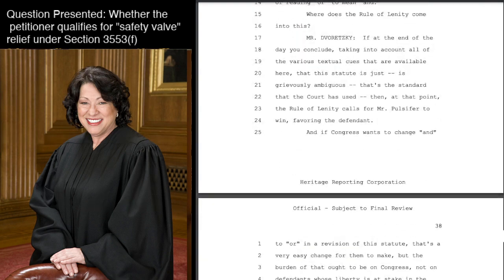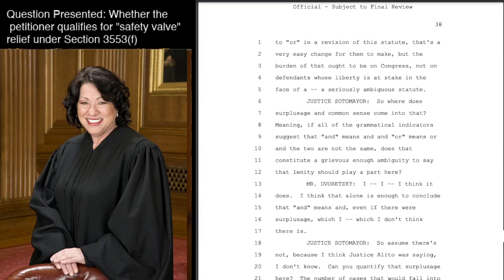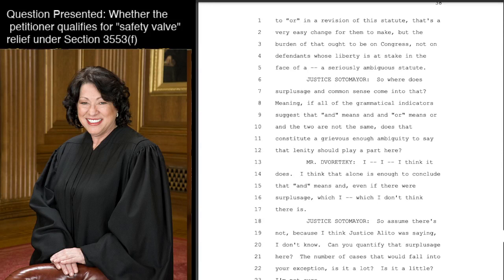And if Congress wants to change "and" to "or" in a revision of this statute, that's a very easy change for them to make. But the burden of that ought to be on Congress, not on defendants whose liberty is at stake in the face of a seriously ambiguous statute. So where does surplusage and common sense come into that?